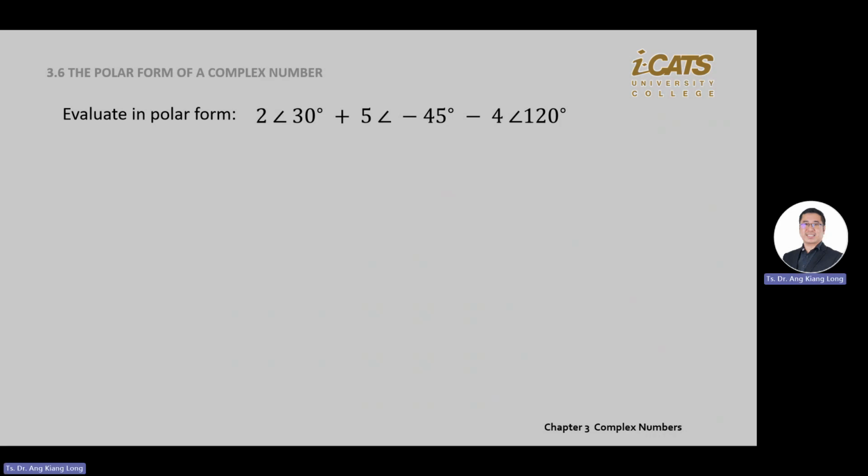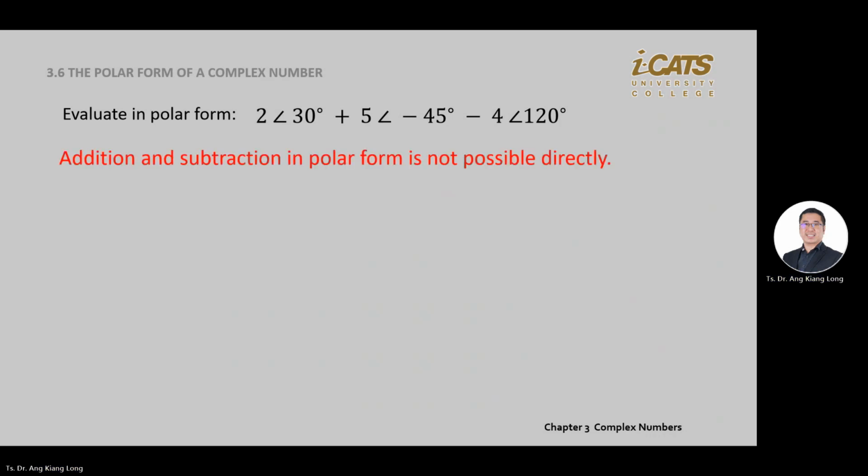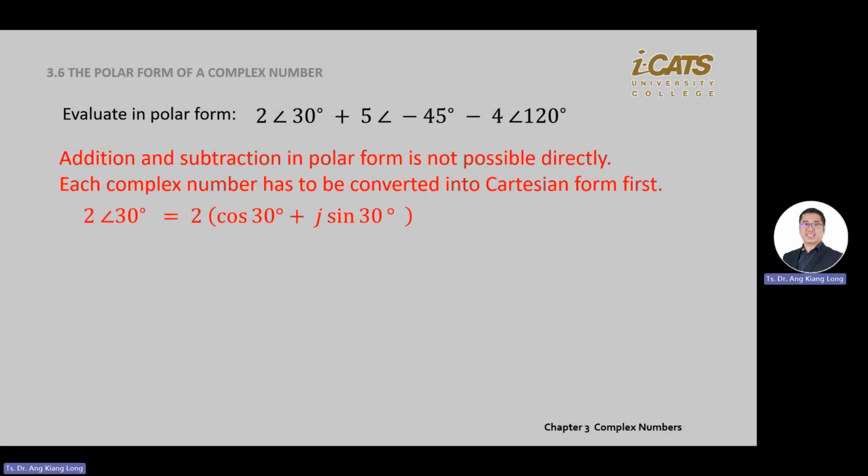Evaluate in polar form, you have a plus 3 complex numbers in polar form. How do we do it? We need to convert each one of the polar into Cartesian. So 2 angle 30 means 2, you need to multiply cos 30 and sin 30. If you don't understand this one, you just draw the Argand diagram.